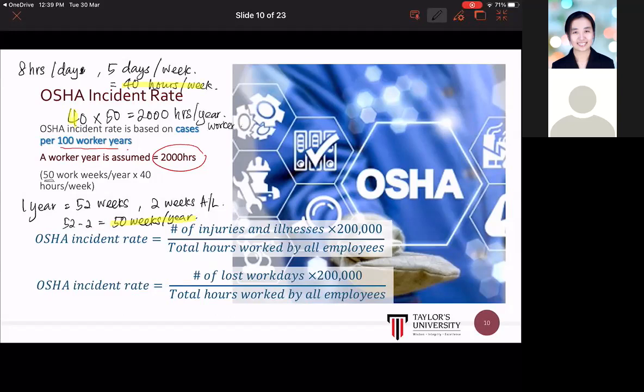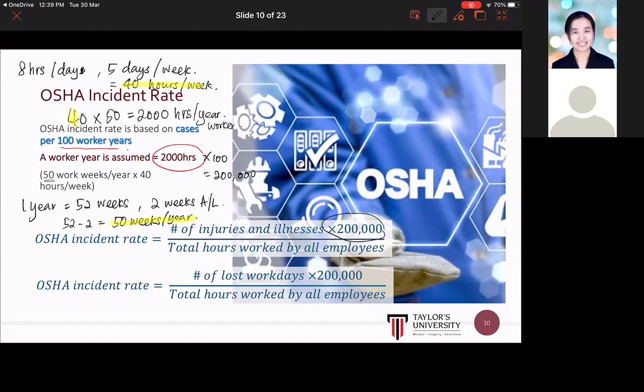Okay, got that? And since OSHA calculates this as 100 worker years, this 2,000 times another 100, you get 200,000, which is this value here. So this is how you calculate.